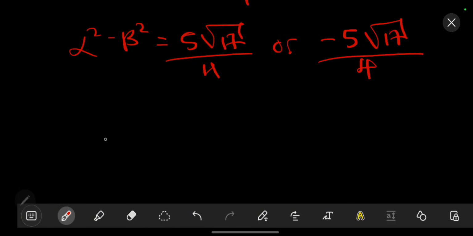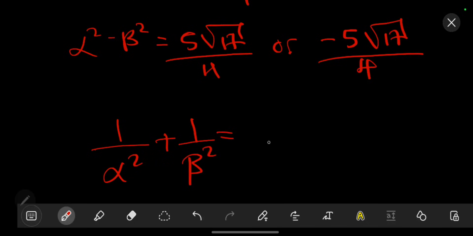So let's have our next one, which is saying that, let's say we have 1 over our alpha squared plus 1 over our beta squared. So this should be equal to, the common denominator will be both of these. So we are going to have our alpha squared by our beta squared like that. Then this one multiplies that, as long as you have gotten them.